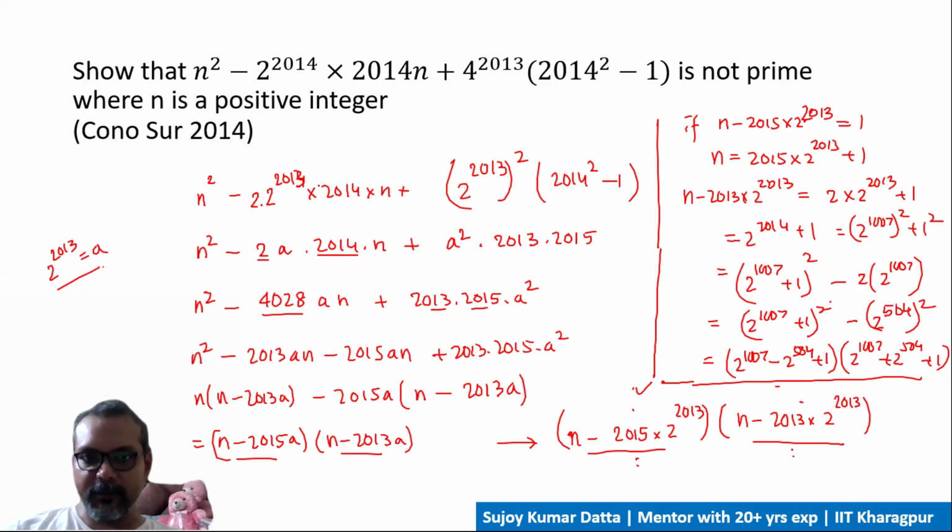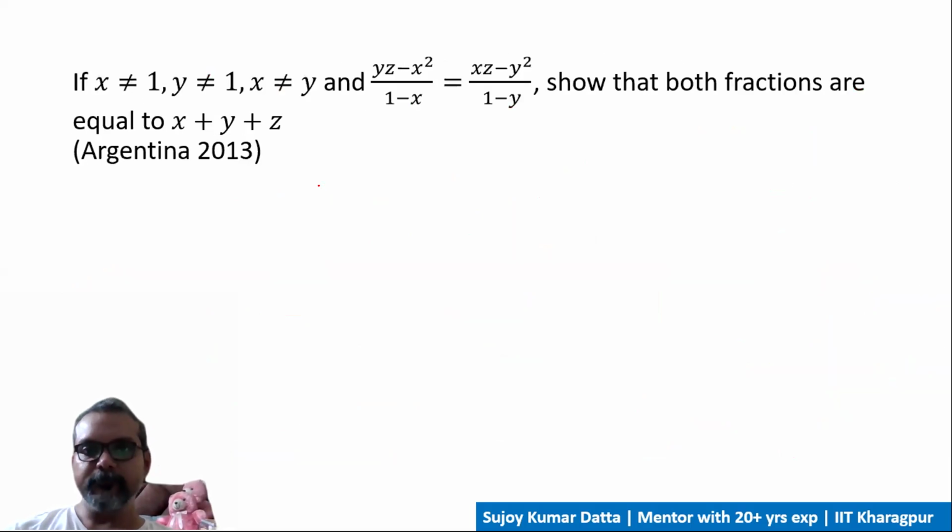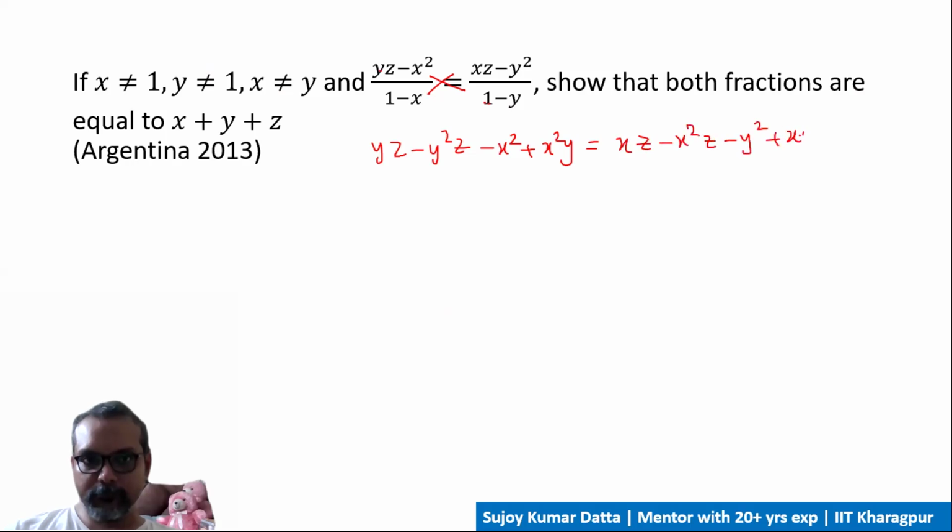Let's move on to the next one. So here let's cross multiply. So these two and these two. So here we'll have yz minus, all right.